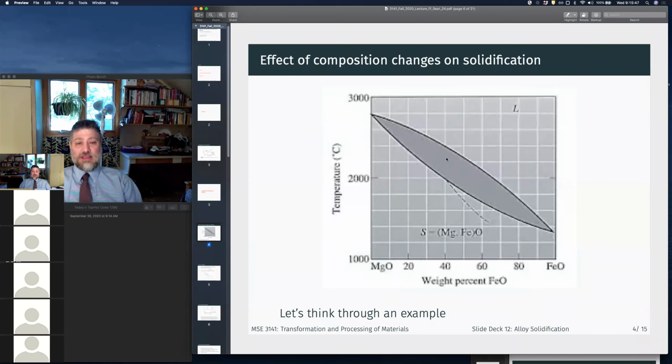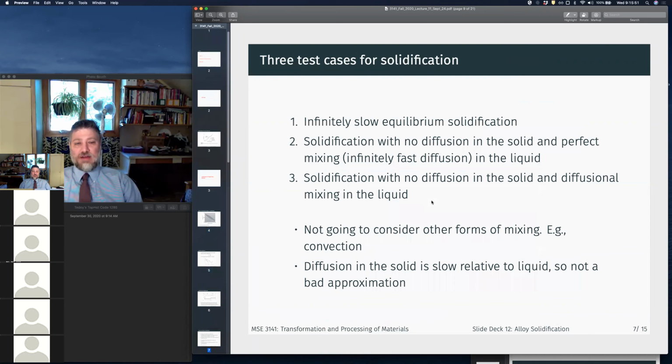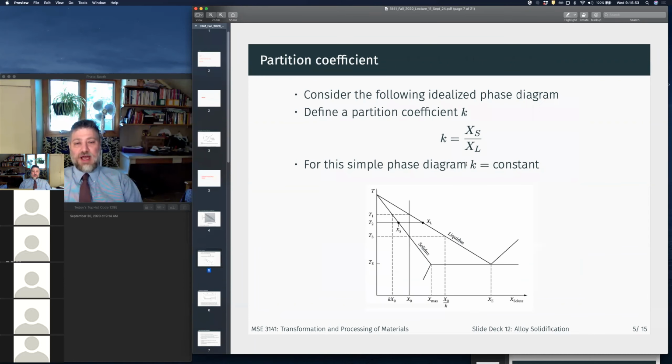That is the freezing range, and the composition is not going to be constant. The first solid that forms is going to be here, and the last solid that forms is going to be here, and the last liquid to freeze out is going to have a composition over here. And we can define the concentration of the solid divided by the composition of the liquid as some constant, which is our partition coefficient.